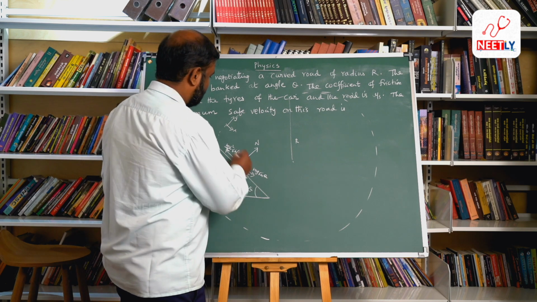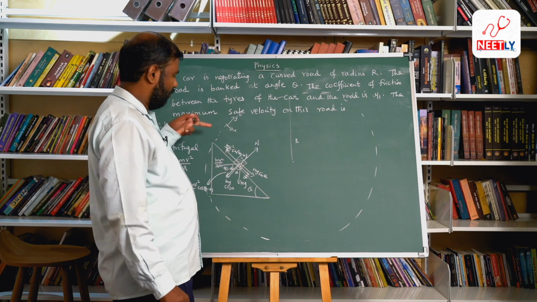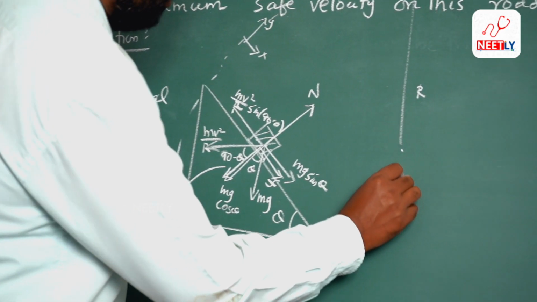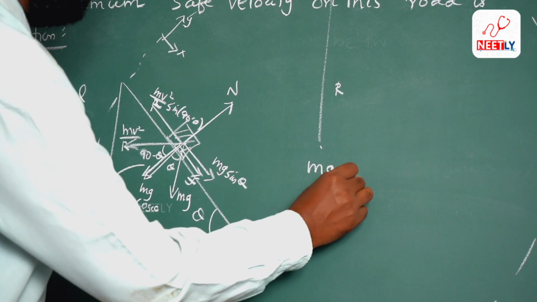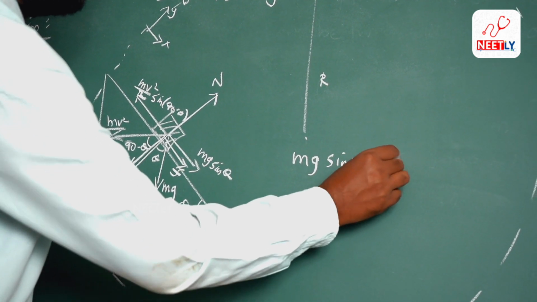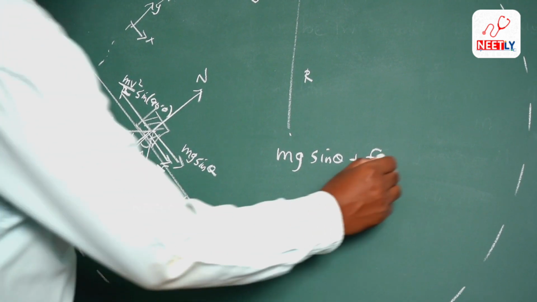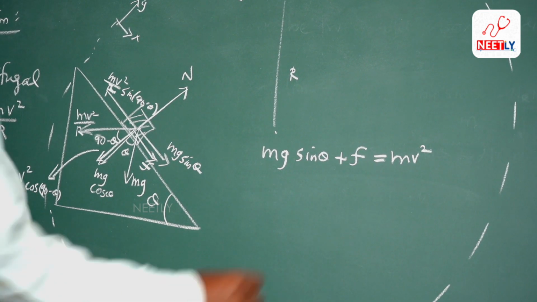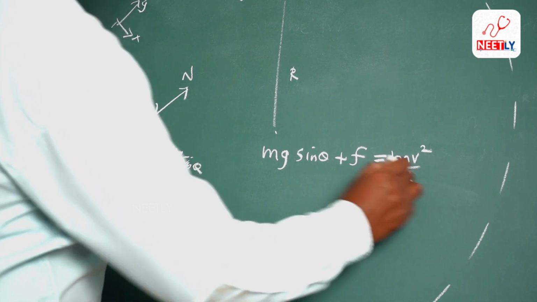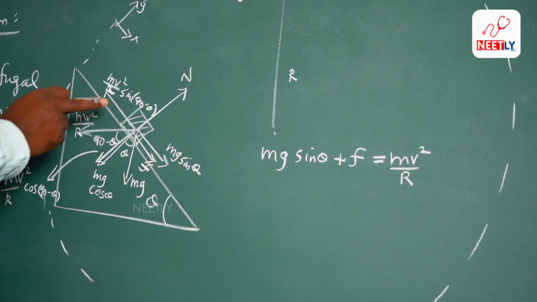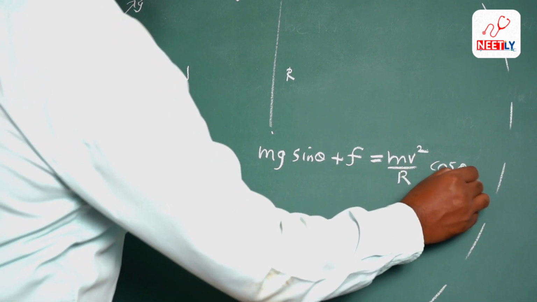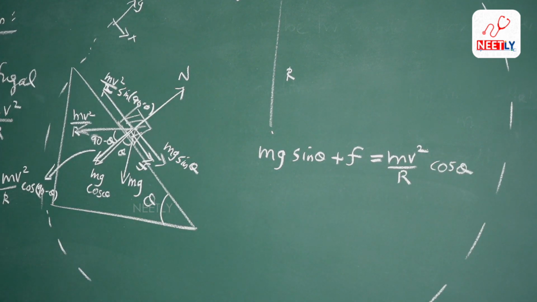So, now let us balance the forces in this direction. What do we have? mg sin theta plus f is equal to mv square by r sin 90 minus theta, and sin 90 minus theta is nothing but cos theta, right.